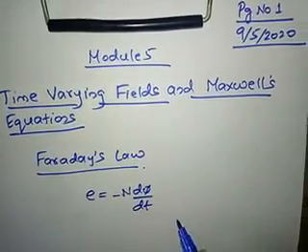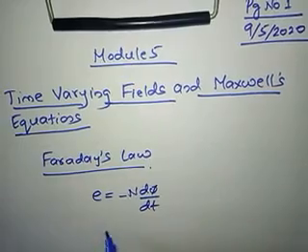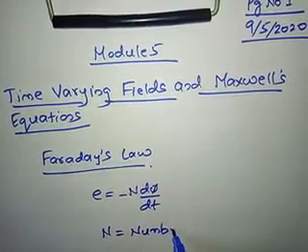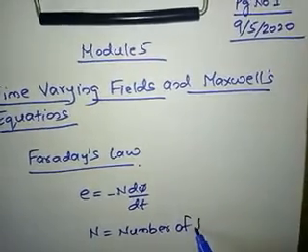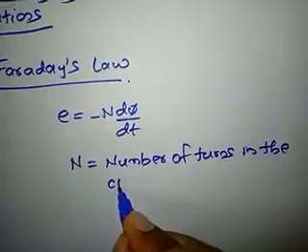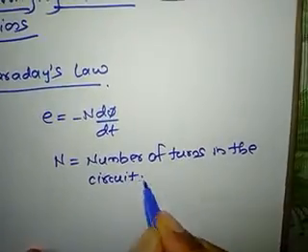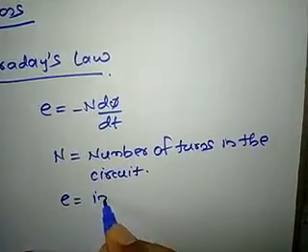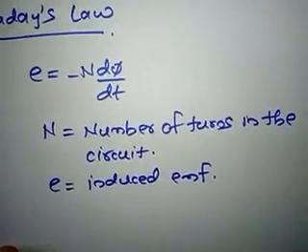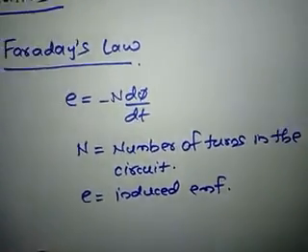That is, E is equal to minus N d phi by dt, where N is the number of turns of the circuit, and E is the induced EMF. This law you have also studied in your basic electrical course in the first year.